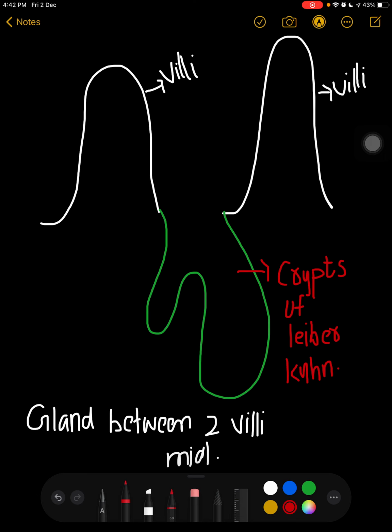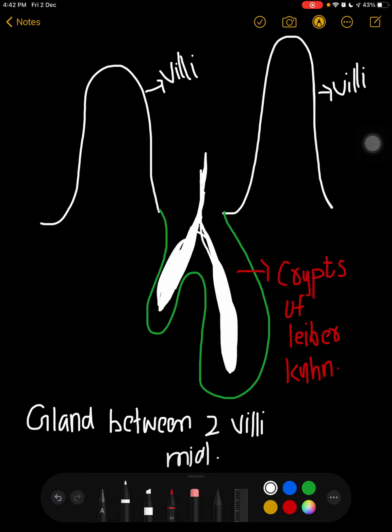So they are hidden between two villi and they secrete their secretions over here in this region, right?